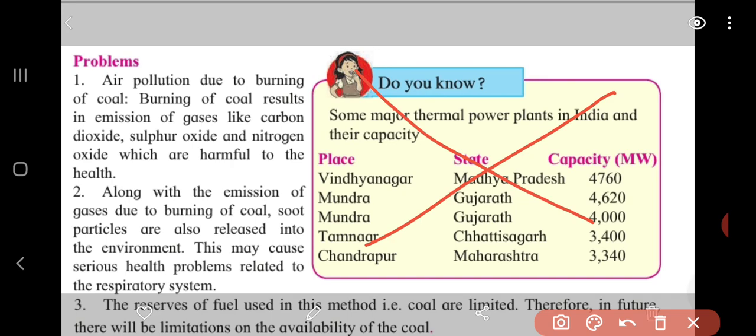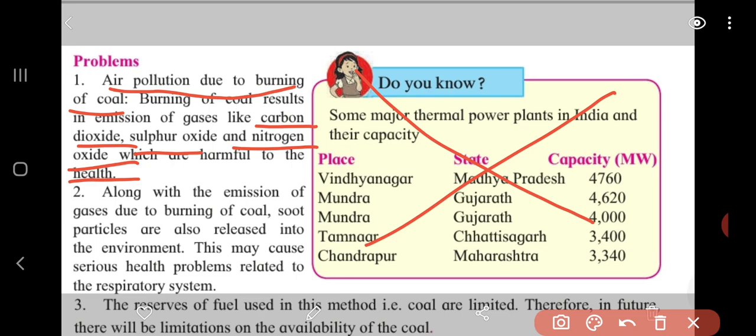What are the problems associated with a thermal energy based power plant? First problem is air pollution due to burning of coal. Yes, as we are using coal as a fuel, the air gets polluted. Burning of coal results in emission of gases like carbon dioxide, sulfur dioxide, nitrogen oxide, which are harmful to health. So this is one of the major problems.